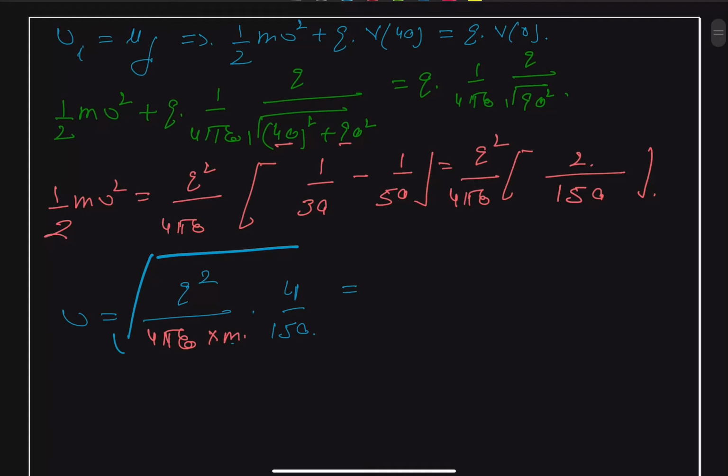So we can write this as square root of 2m, and inside the bracket we are left with Q square divided by 4 pi epsilon naught, and this is our 15a, and here we are left with 2, and this becomes half.